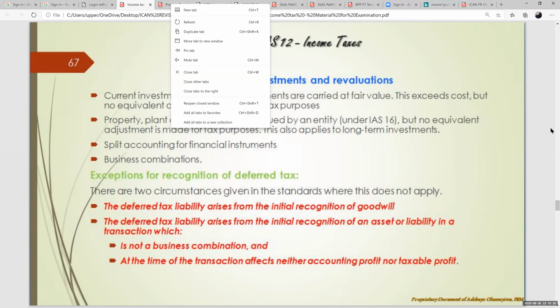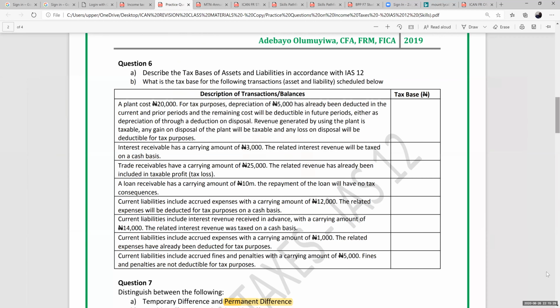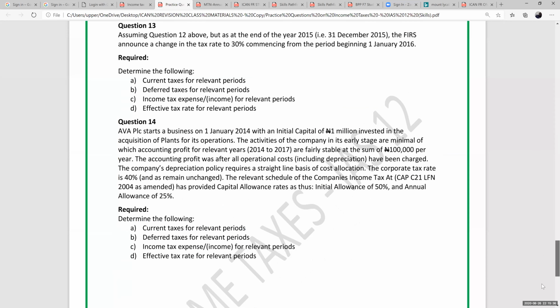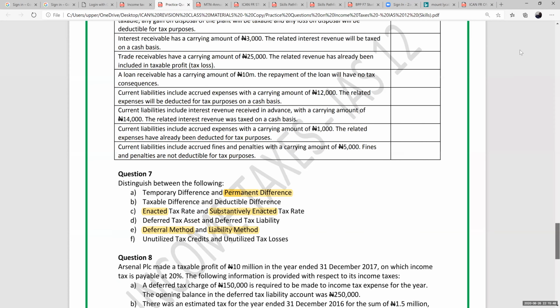Remember goodwill only arises from a business combination. It's not even in this one because this is purely for skills level. Now, question 14, I advise you to go and play with it. It's so interesting. I won't tell you what you'll find out there, but if you are willing to explore, you can check question 14.